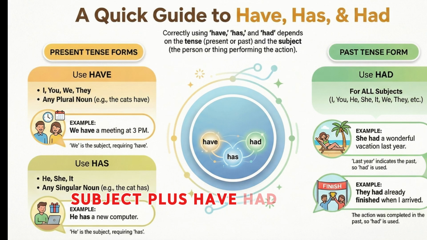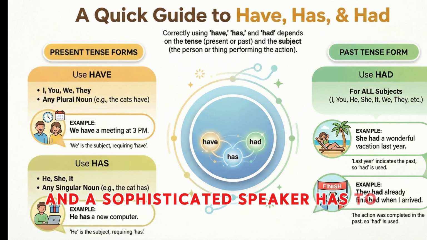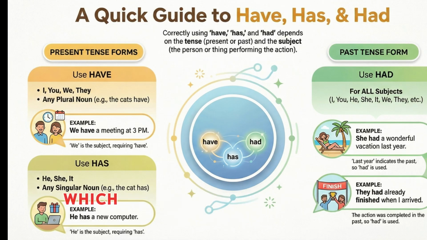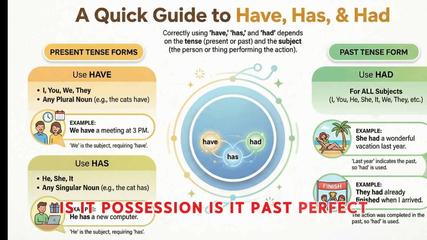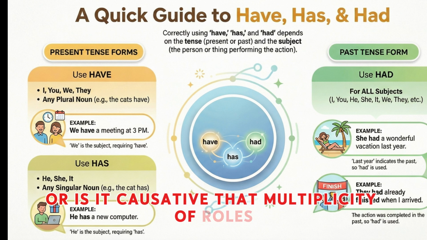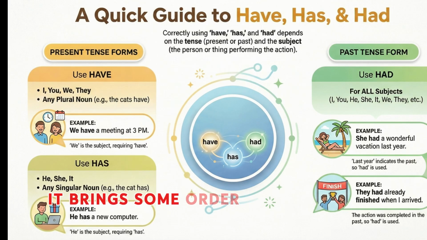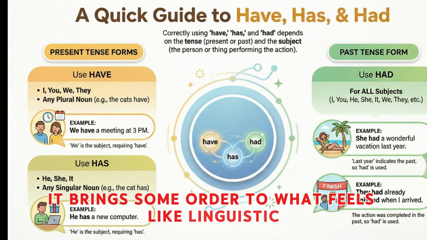Subject plus have or had plus an object plus the past participle. And a sophisticated speaker has to recognize which job had is doing in any given sentence. Is it possession? Is it past perfect? Or is it causative? That multiplicity of roles is exactly why the guide is so essential. It brings some order to what feels like linguistic chaos.